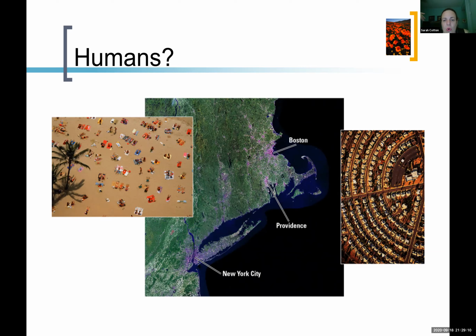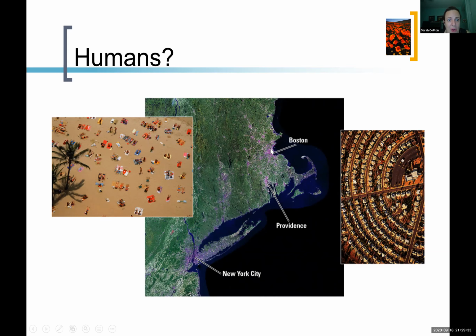Light is a really good indicator of human presence because we have street lights and lights on everything. And if you go to places where there are not a lot of people, there's a lot less light at night.